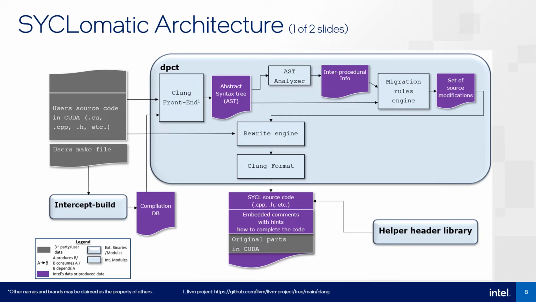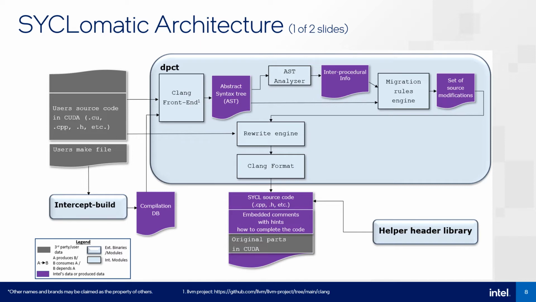The DPCT binary is the main component of SYCL. It does source-to-source migration based on compiler front-end technology. Here are the main building blocks of the DPCT binary. Clang CUDA front-end: it parses CUDA code into an AST tree.